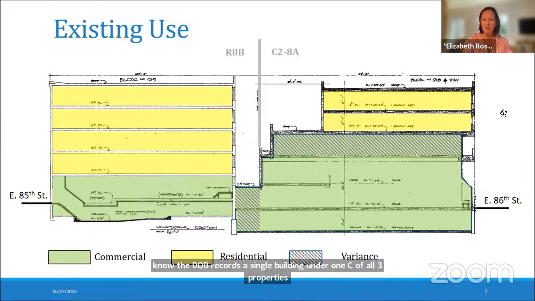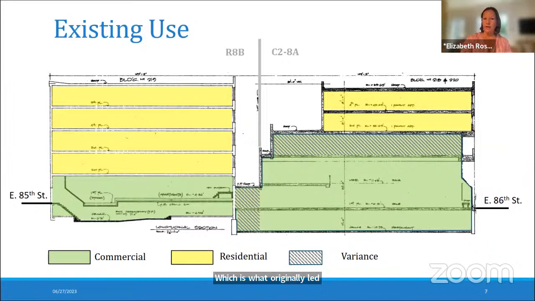Thank you. All right. So my final question, and I suppose this is the most important one, is since there is no longer a financial hardship, which is what originally led towards the variance, or at least one of the variances in this case, and since New York City is desperately in need of residential space rather than commercial space, as part of this application, is the owner willing to give up the variance for second-story commercial reuse and return that space to residential?